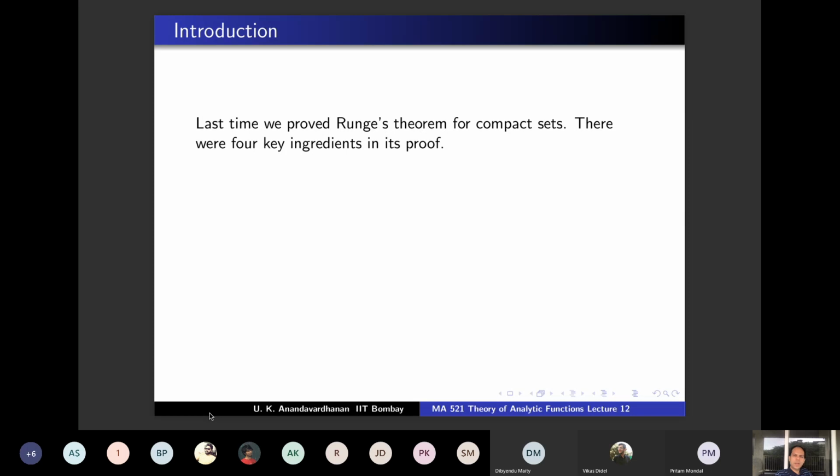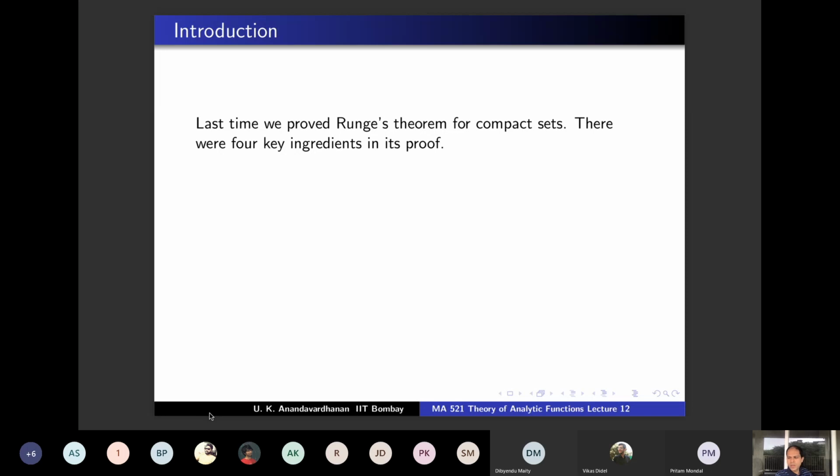You have a compact set K given in the plane, and omega is an open set containing K, and f is holomorphic in omega, which contains K. And you want to say that f can be approximated uniformly on K by rational functions. Not just that, the poles of these rational functions can be prescribed in advance, pre-assigned poles.